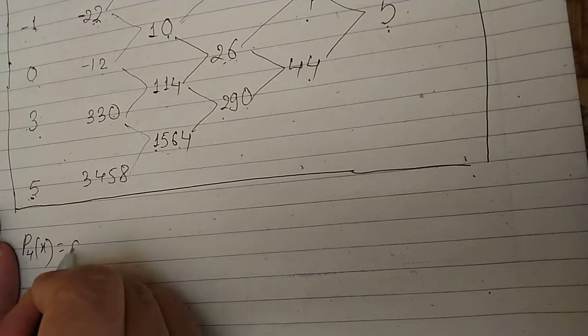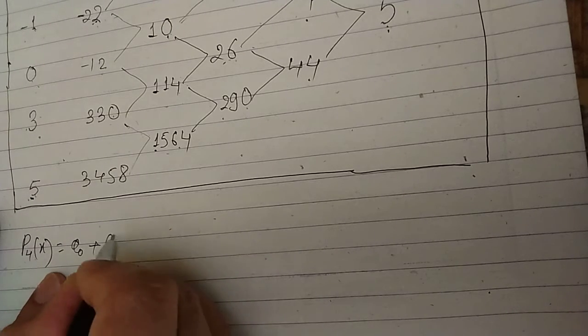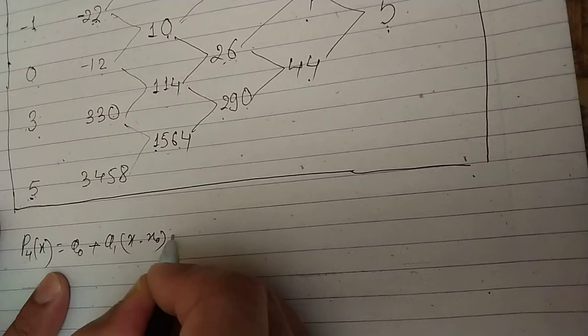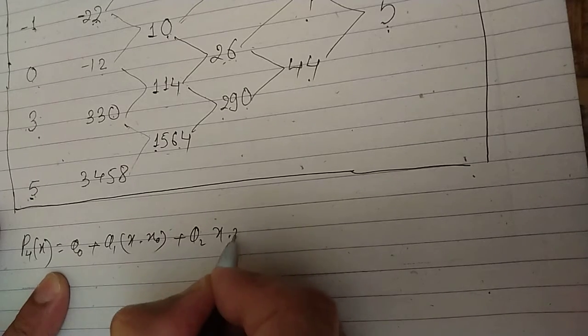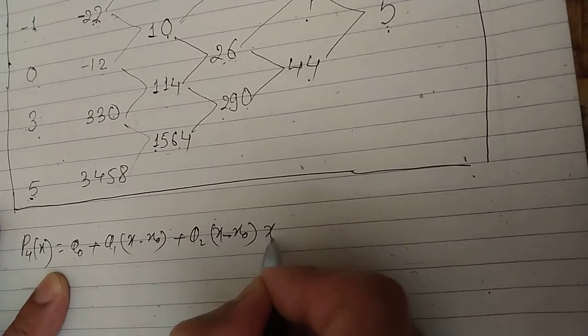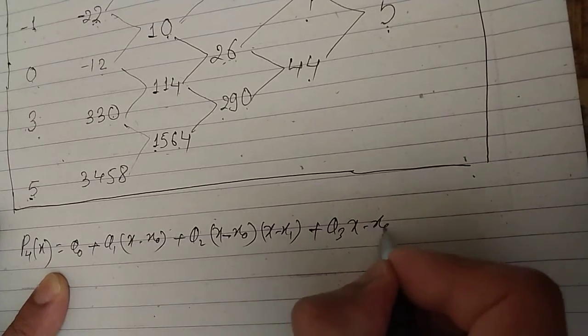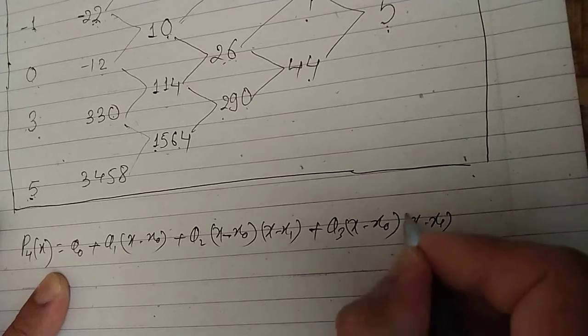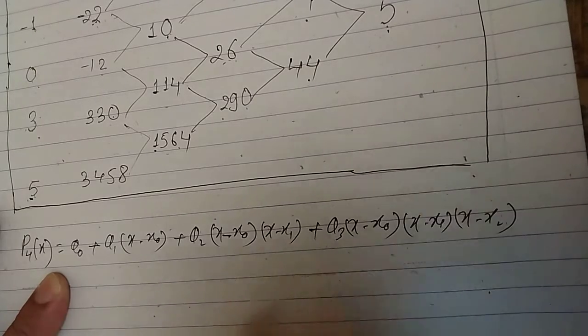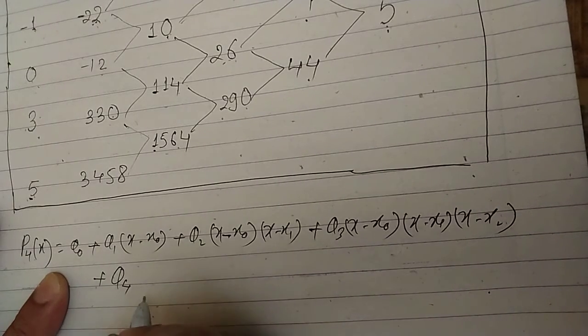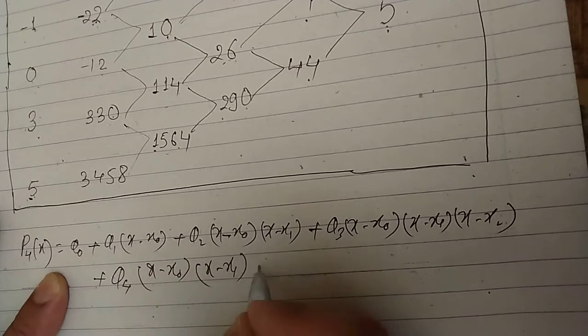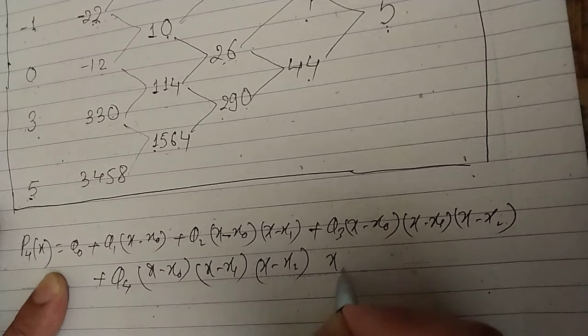How far does the Newton polynomial P4(x) go? A0 plus A1 (x minus x0) plus A2 (x minus x0)(x minus x1) plus A3 (x minus x0)(x minus x1)(x minus x2), and up to plus A4 (x minus x0)(x minus x1)(x minus x2)(x minus x3).